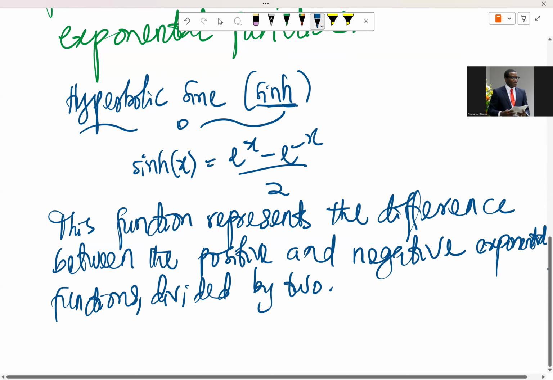So the key word here is difference. It's difference, because that is how it is different from hyperbolic cosine.